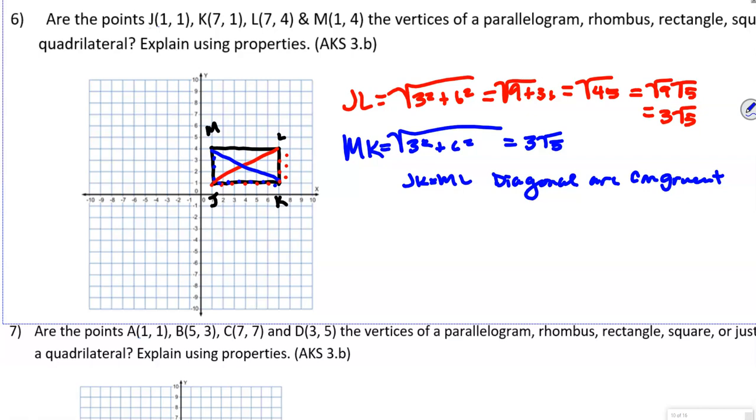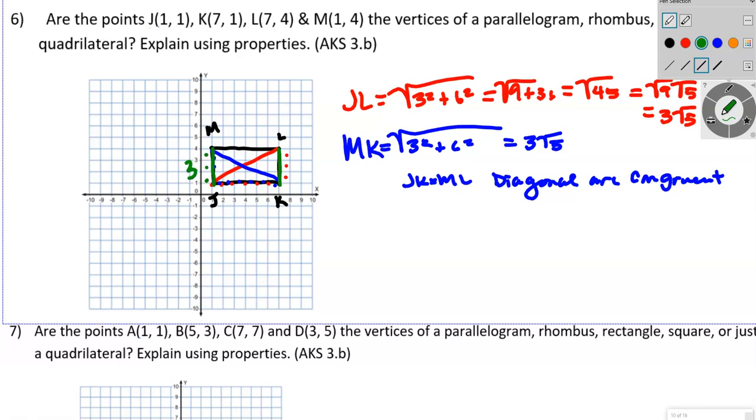So we could also say what? That opposite sides are congruent. Now how do we know that? Because we can actually count them here, okay? So let me pick a different color. So here, if we do MJ and LK, well, MJ is 3 tall, and so is LK, so we could say MJ is equal to LK, okay? Then we can talk about another pair of sides.